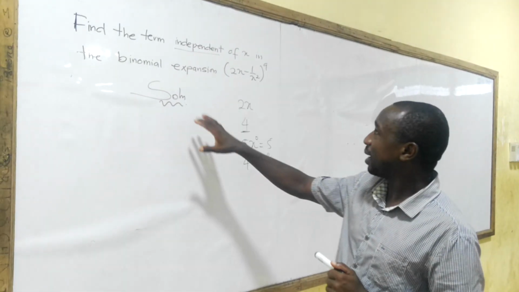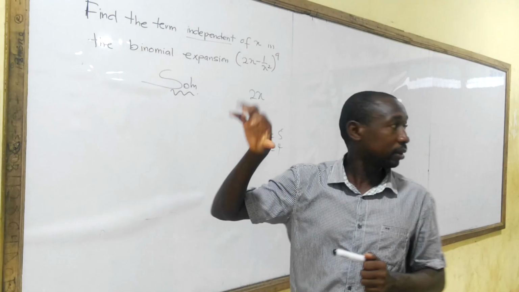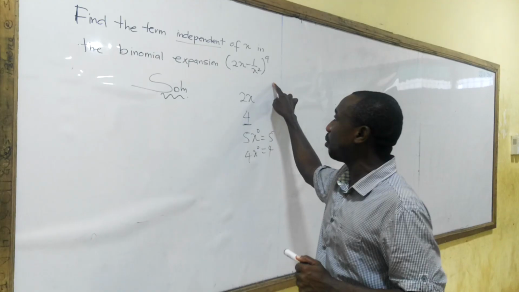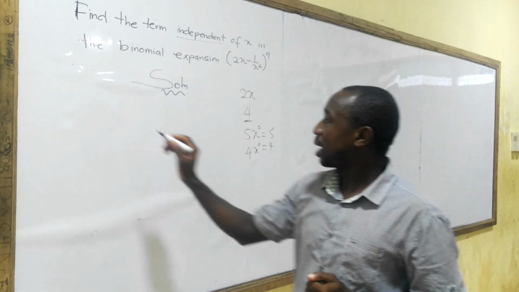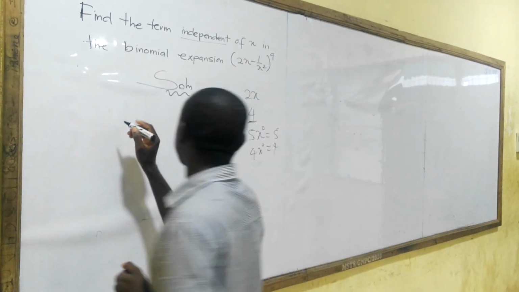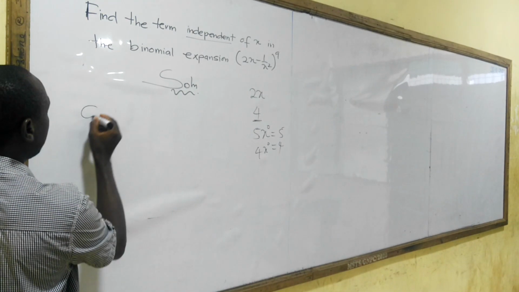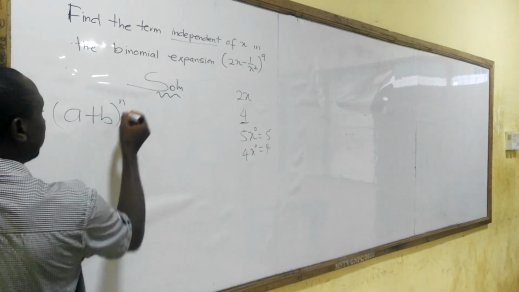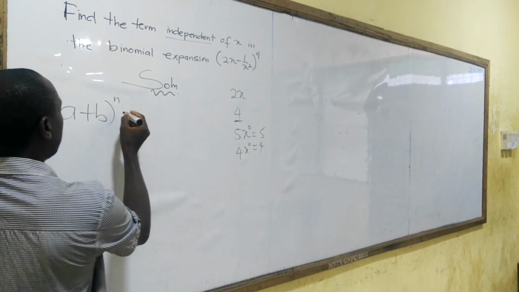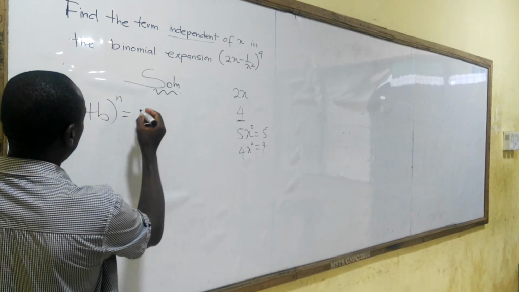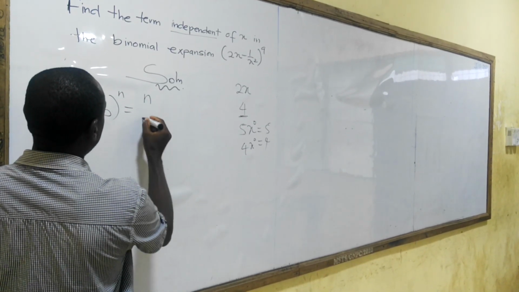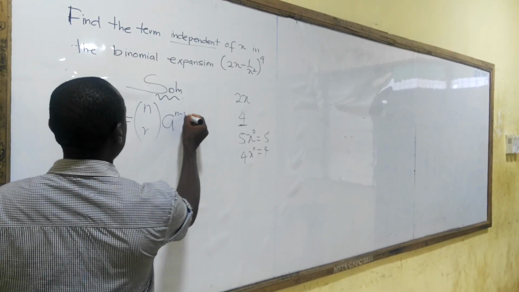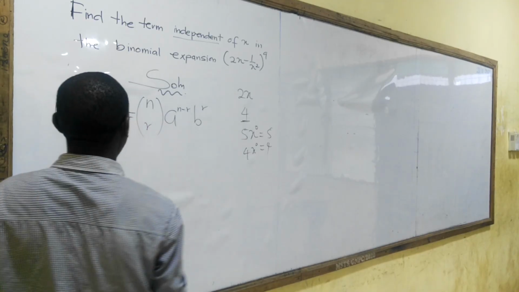So that is the meaning. To be able to find a term that is independent of x, we need to find the general term of this expansion. If I have a plus b all to the power n, this is equal to n combination r, a to the power n minus r, b to the power r.